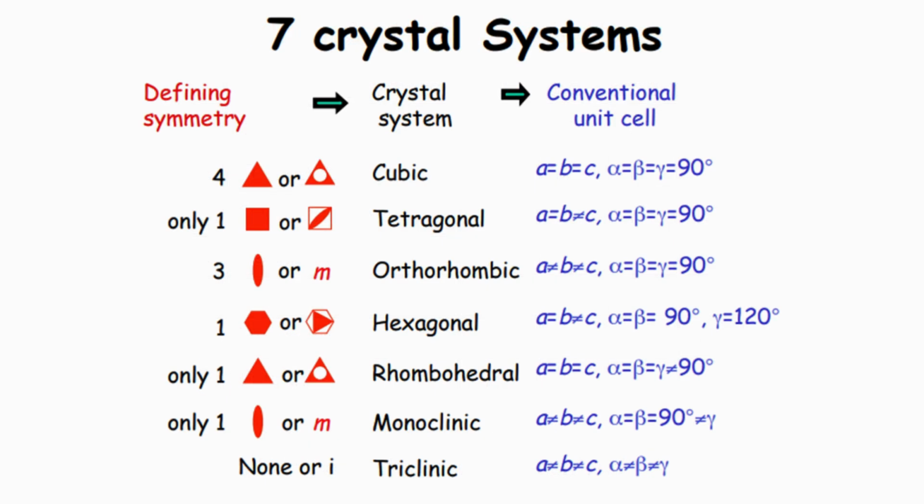In the earlier lectures, we have discussed how to define a crystal system, what the definition of a lattice is, and what the conventional unit cell definition of each crystal system is. Here, the defining symmetry of the different crystal systems is given. For example, the cubic system is defined by 4 axes of threefold symmetry. That is the defining symmetry for the cubic.